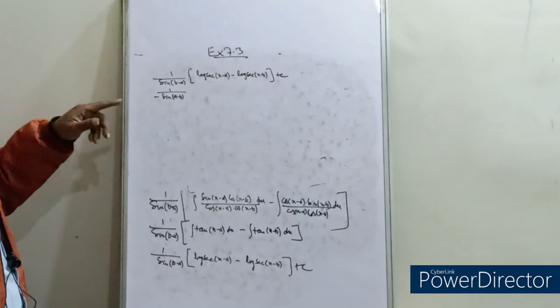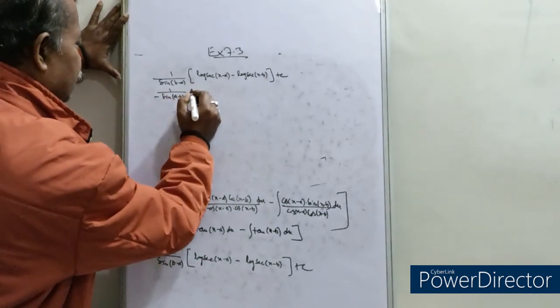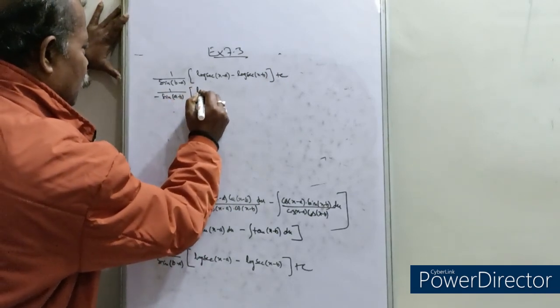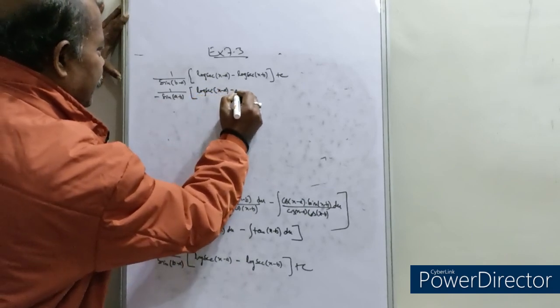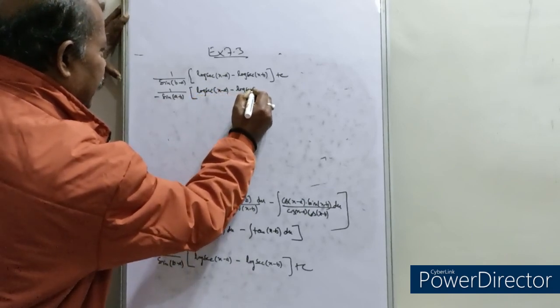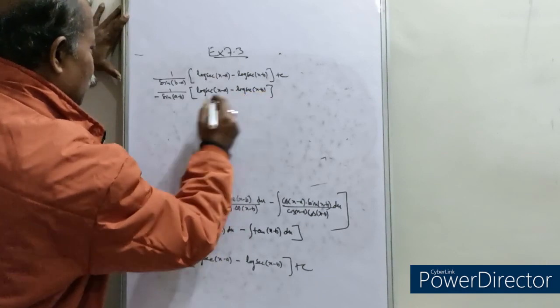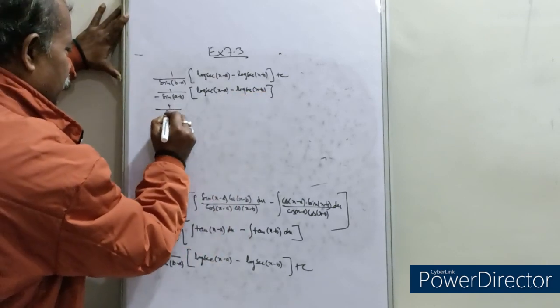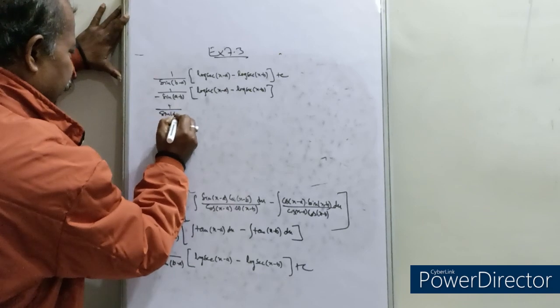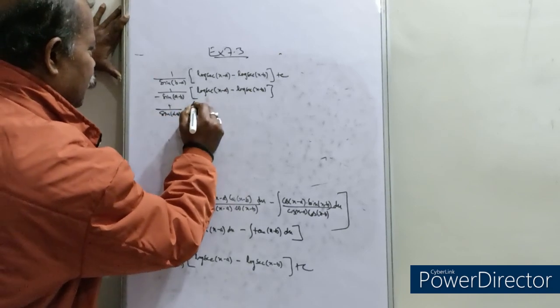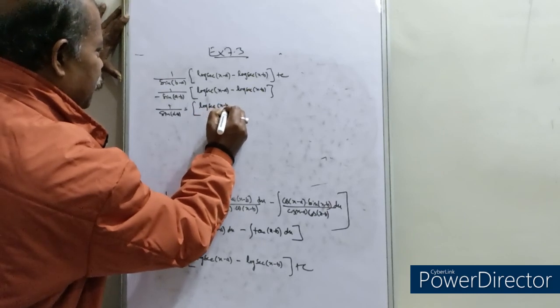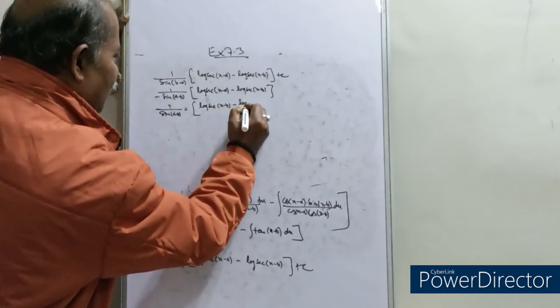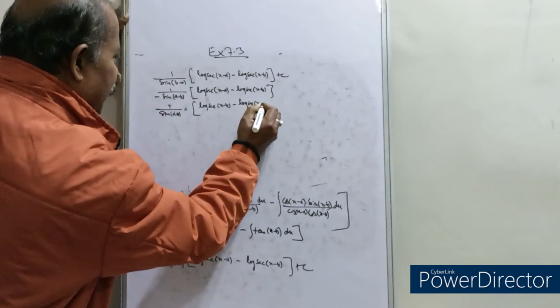So here I can do one thing. This will be equal to log sec(x minus a) minus log sec(x minus b). Minus enters here, 1 by sine(a minus b), so this will be log sec(x minus b) plus log sec(x minus a).